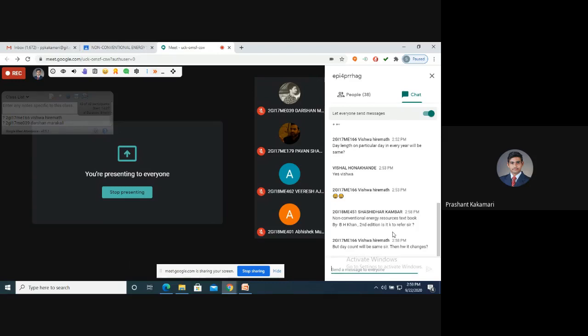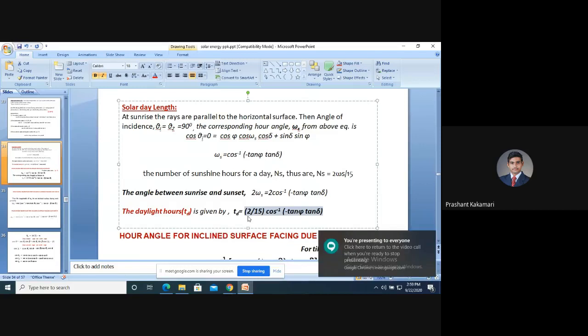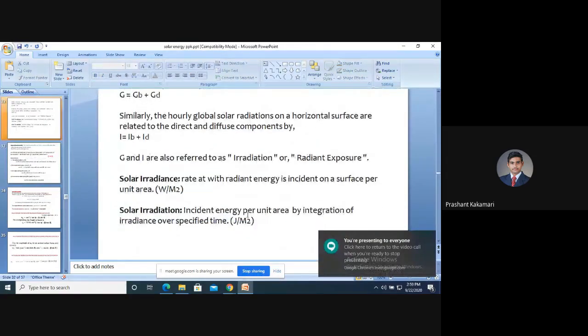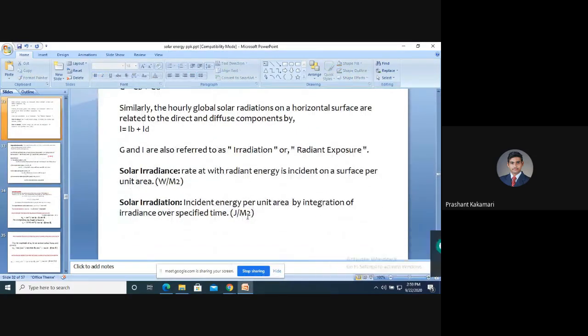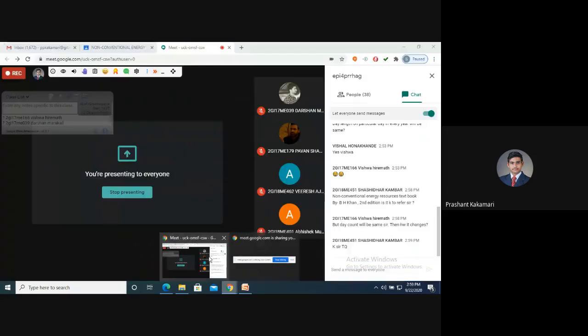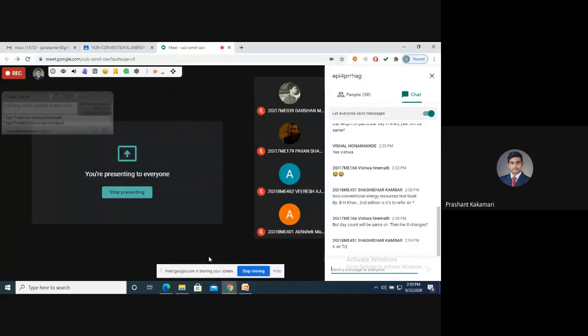But the day count will be the same, sir. Yes, that's what I'm telling you. All these equations you are using are correlations only. Day length and other things, the same you are taking. Whichever year is not given, we assume that is the extraterrestrial radiation and the global radiation on the Earth surface. But if you consider the exact given year with the latest correlations, say for example from 2020, if one researcher has done it, it gives more accurate results.